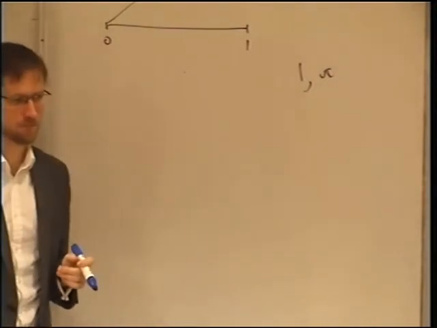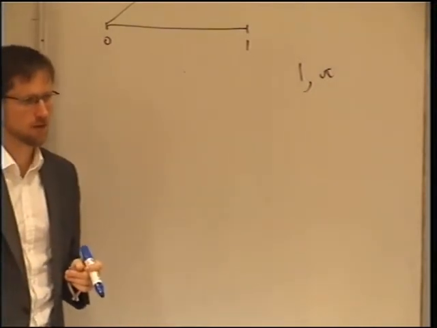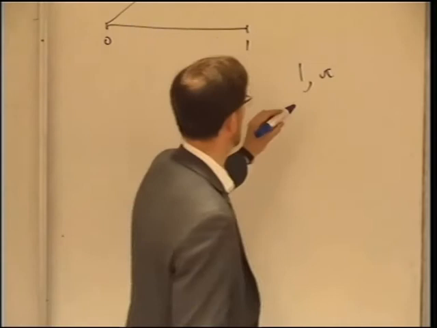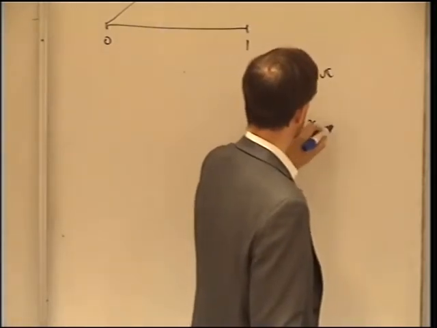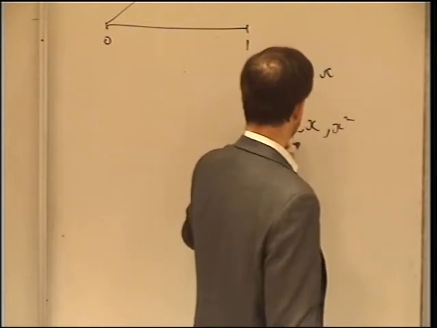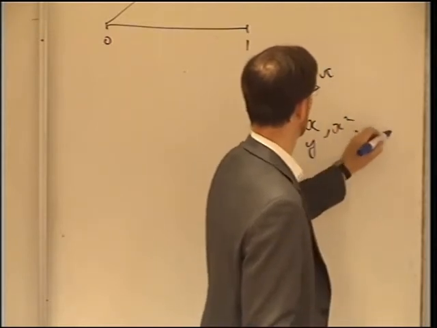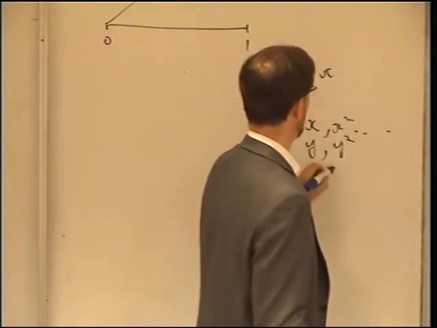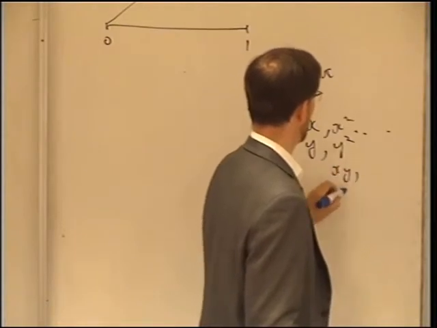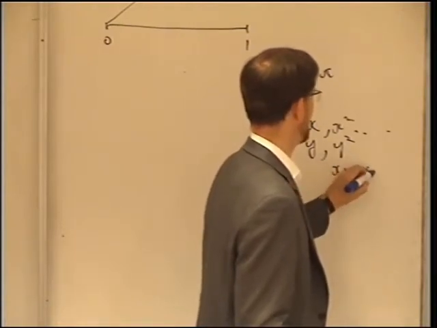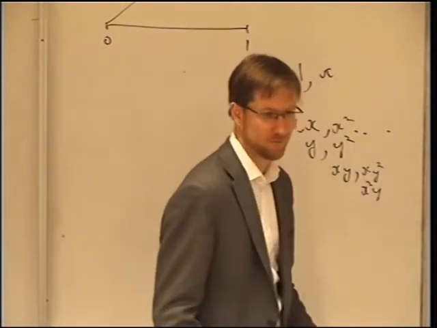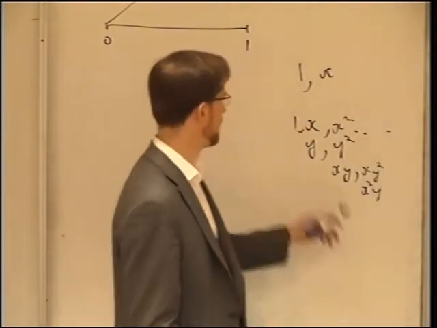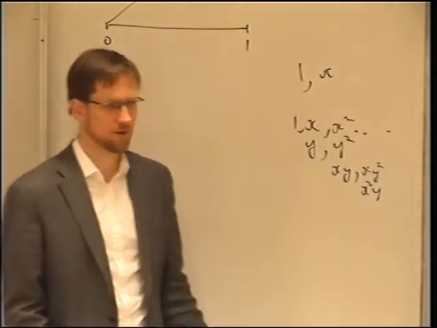Would this work for triangles? For 2D? So in 2D, the basis that you have is 1, x, y, x squared, xy, y squared, x squared y, xy squared, and so on out there. Right? That's how all the polynomials go out.